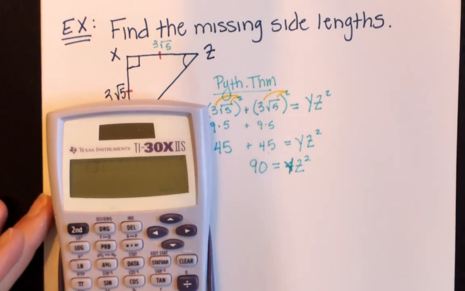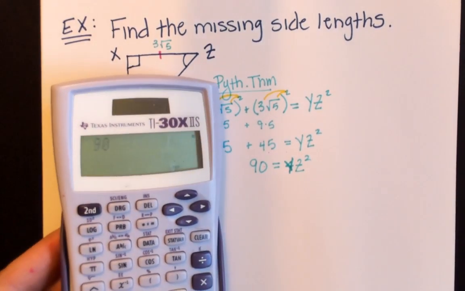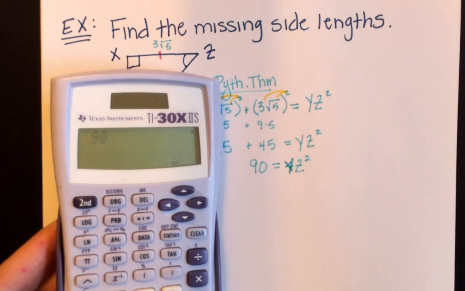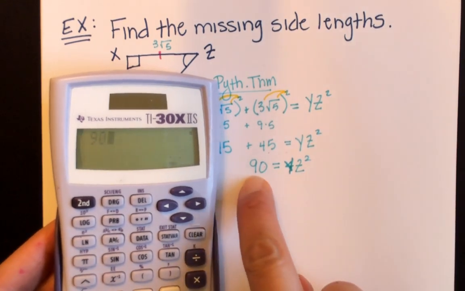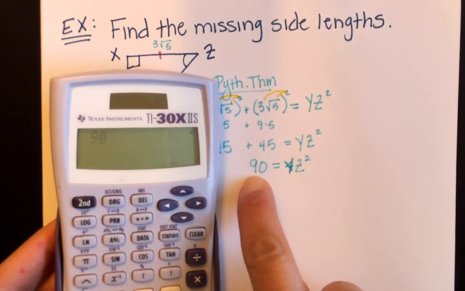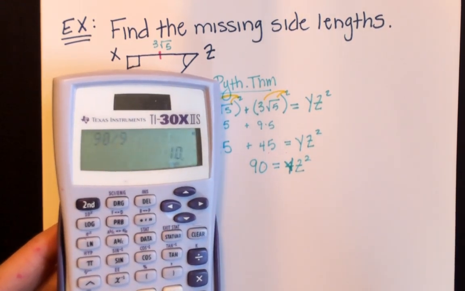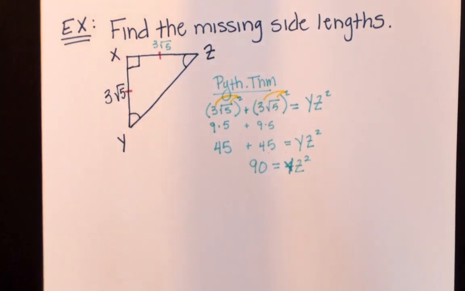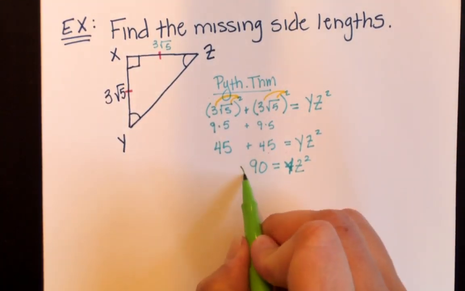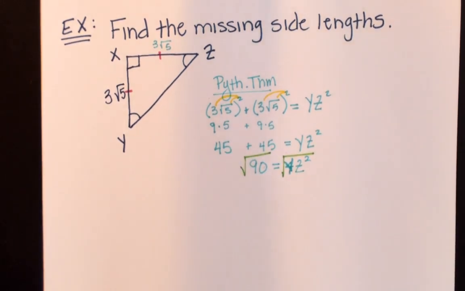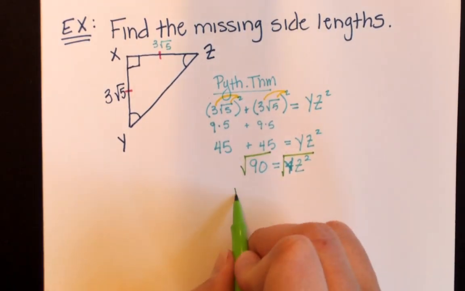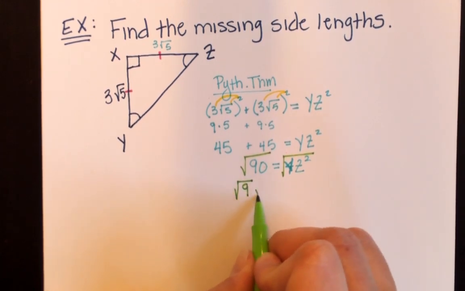So if I took 90, I could divide by 2 and divide by 2. But I'm really hoping that we all see the number 9 times 10, that we know our factors well enough to know that 9 is a perfect square. So when we take the square root of both sides, we are going to simplify this by 9 times 10.